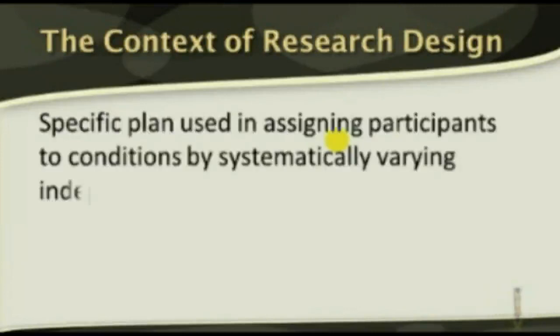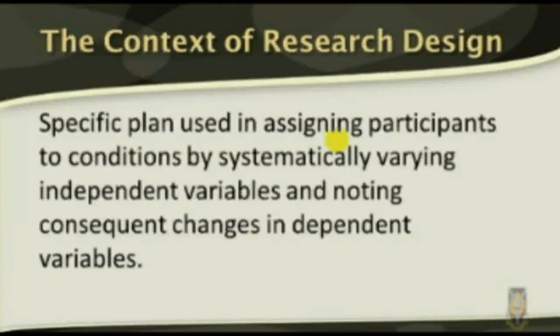The context of research design. Research design is a specific plan used in assigning participants to conditions, as in a two-group design or factorial design, etc. The plan is systematically varying independent variables and noting consequent changes in dependent variables.